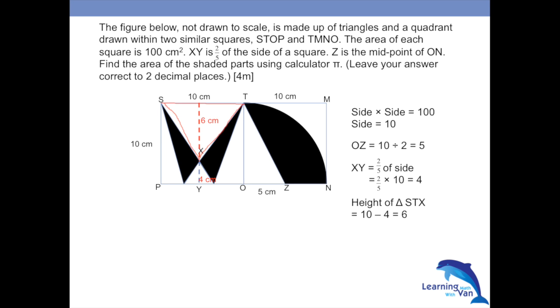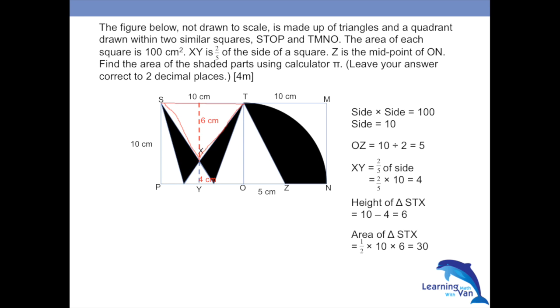So what's next? Like what I said earlier in the video, there's no other information for me to find. Since we have the base and the height of this triangle STX, the next thing is to proceed to find the area of this particular triangle.